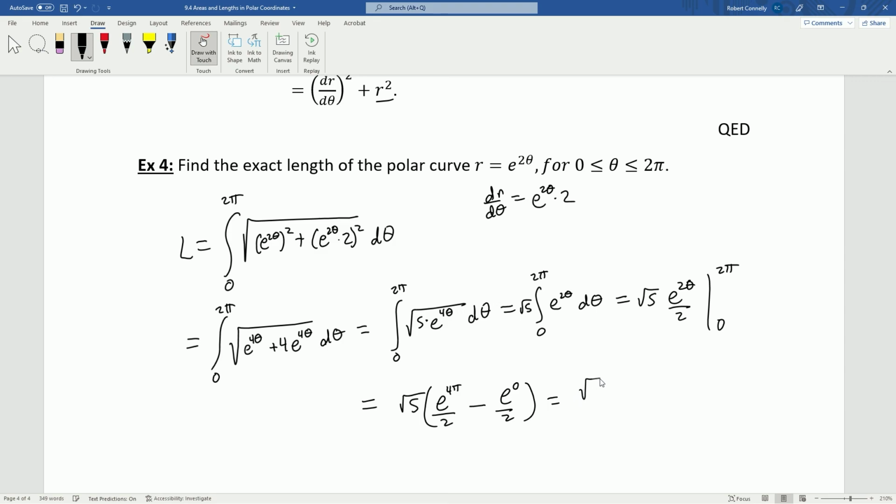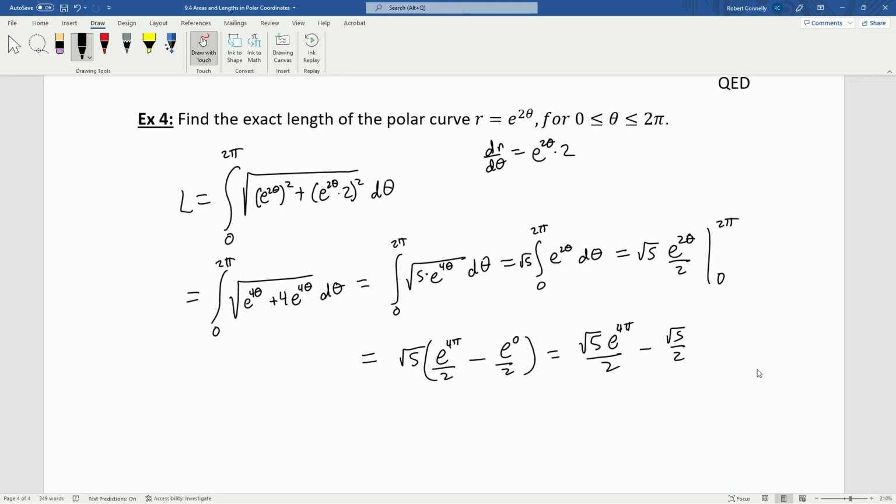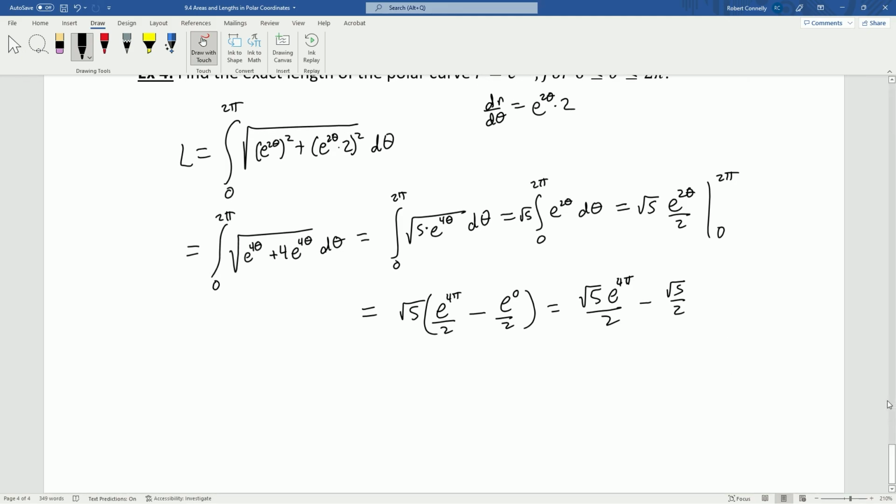This gives us the square root of 5 e to the 4 pi over 2 minus the square root of 5 over 2, since e to the 0 power is just 1. Okay, so that's it for example 4, and we're all done here. Thank you for watching.